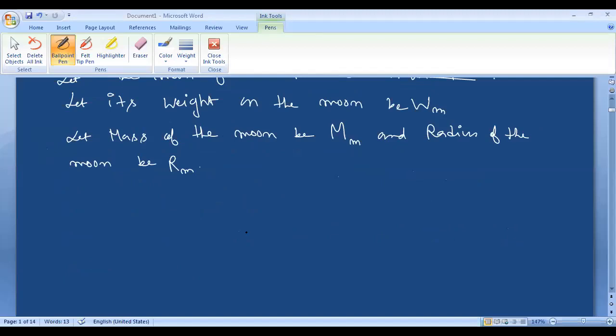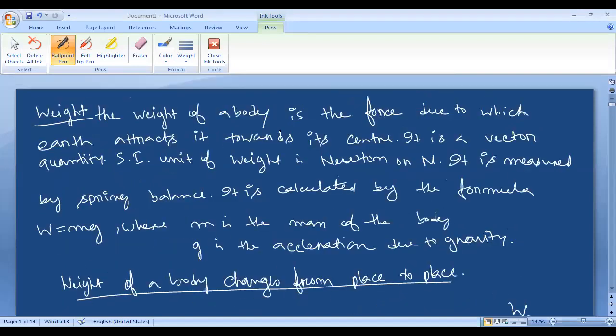The weight of a body is the force due to which Earth attracts it towards its center. Now in case of the Moon, the weight of a body is the force due to which the Moon attracts it towards its center. All of you clear on the definition of weight? That's why I am giving the definition, because definition is very important for understanding.